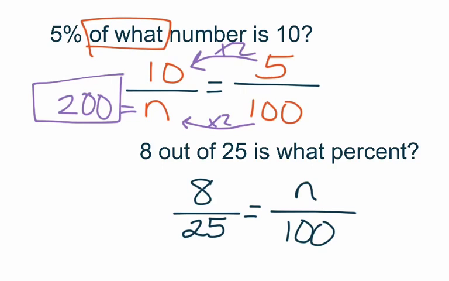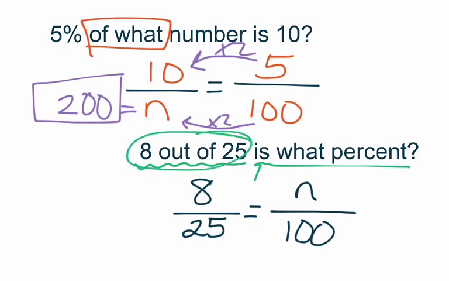Alright, so I've gone ahead and set up my proportion. There was a little new wordage here that may have thrown you off. When we said 8 out of 25 is what percent. Now all of a sudden this is over here with the what percent, so that's where it gets a little bit confusing. But I hope you realize that when we say 8 out of 25, 8 is our part, 25 is our whole, and then our unknown is that percent part.